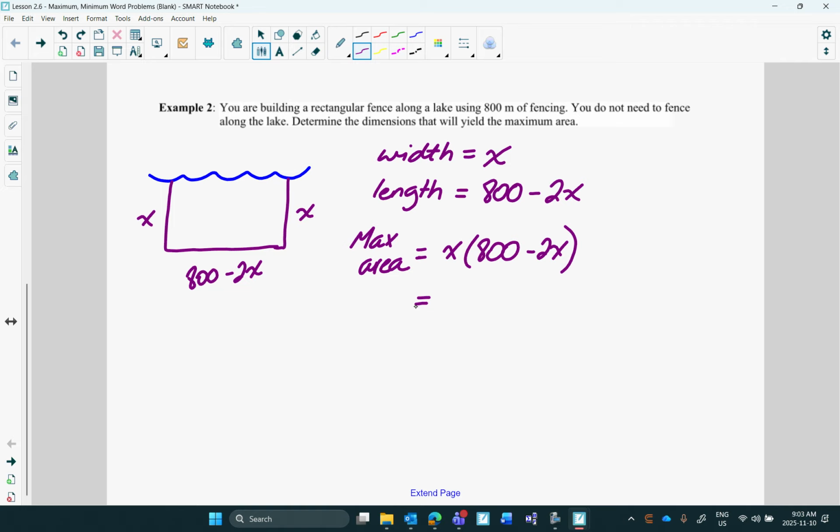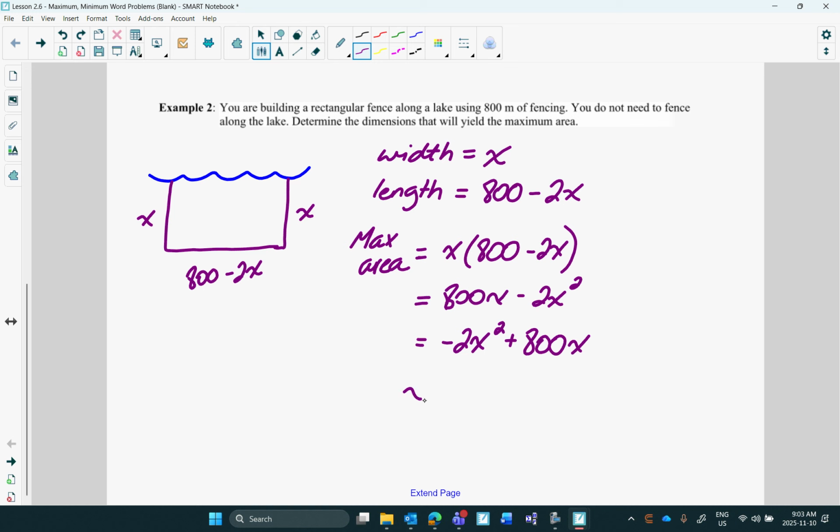So I've got to multiply it through, and I get... and then all I'm going to do is rearrange it because we're used to seeing the x squared term first. Okay, so I just flipped the two.